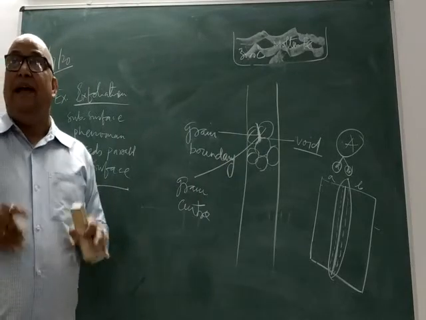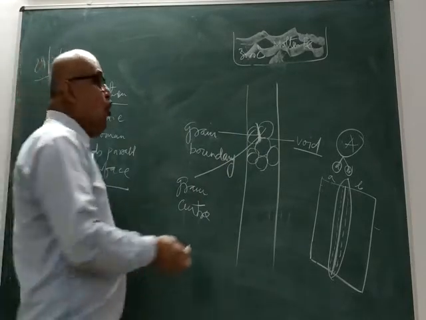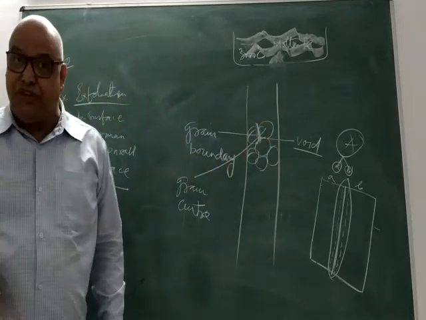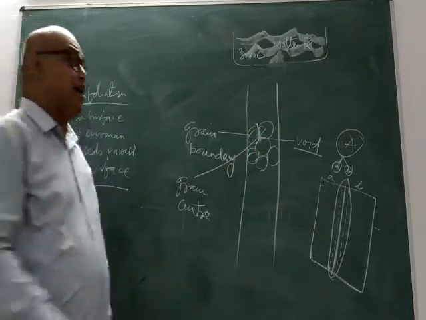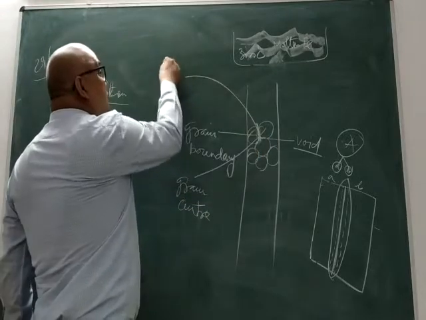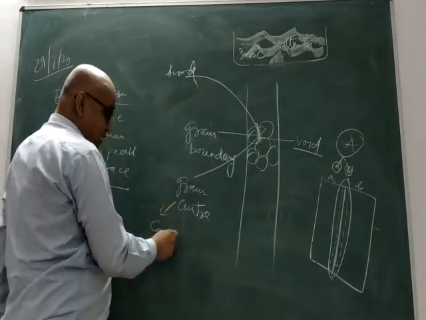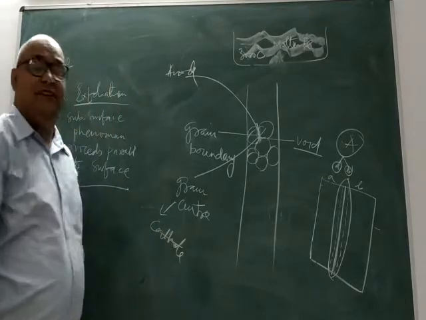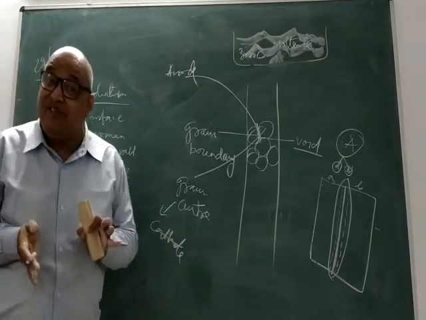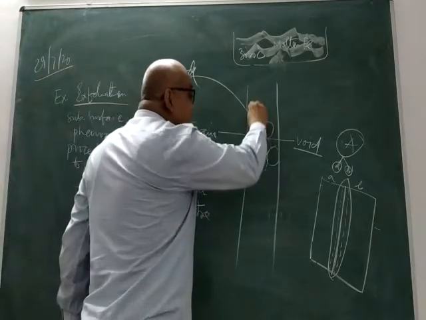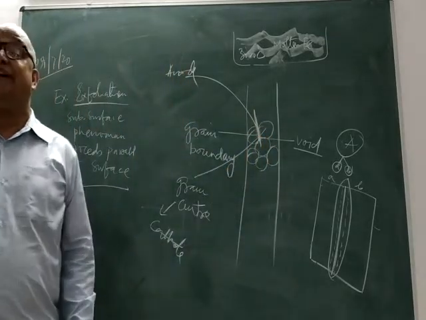It means entire impurities will be deposited at the grain boundary, as a result of which, under suitable condition, this grain boundary will become your anode, grain center will be your cathode. If suitable electrolyte is there, electrochemical cell is formed. Result is cracking at the boundary, cracking which is not visible from outside.